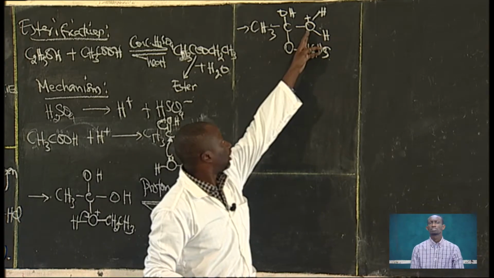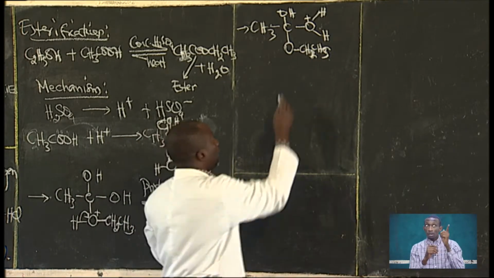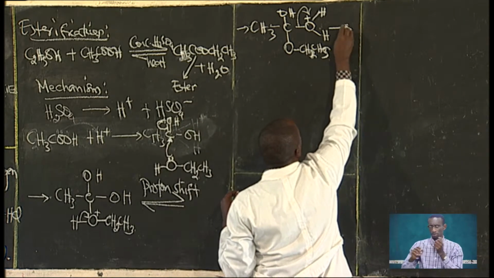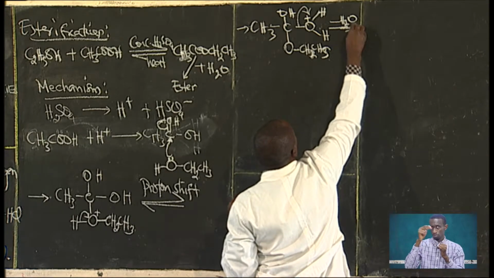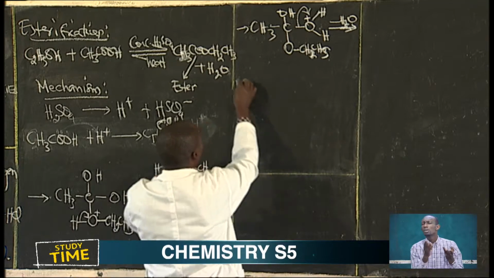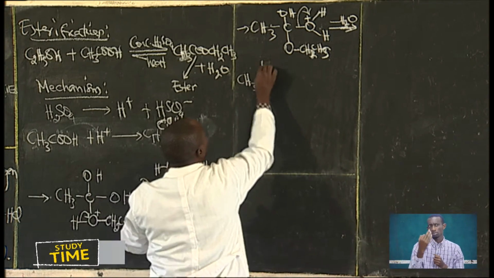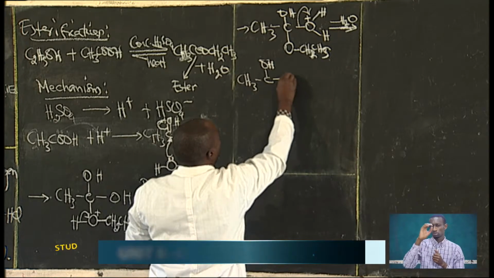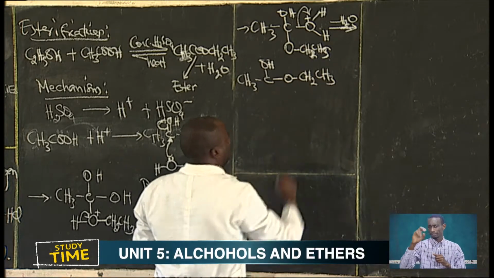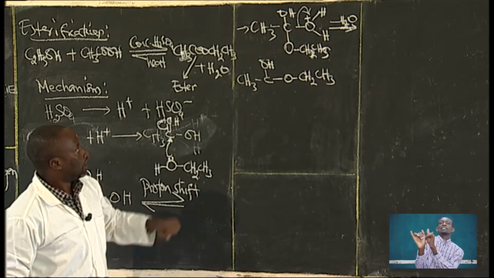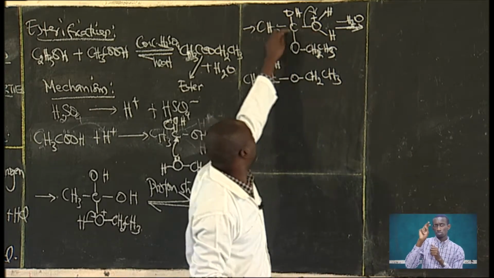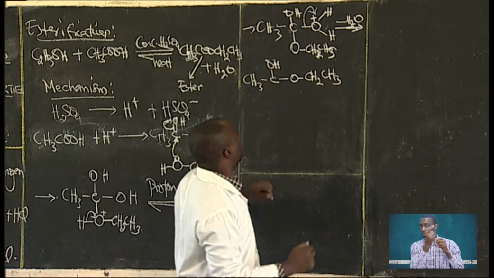So now here, the oxygen with the positive charge has to break away, and that indicates the elimination of a water molecule. So the water molecule is being eliminated. So we remain with what? This is the molecule that we remain with: CH3, COH, then you have O here, then CH2, CH3. This is what remains. Remember, when this bond breaks, this carbon here forms a positive charge.